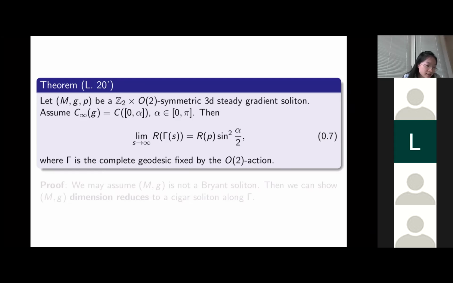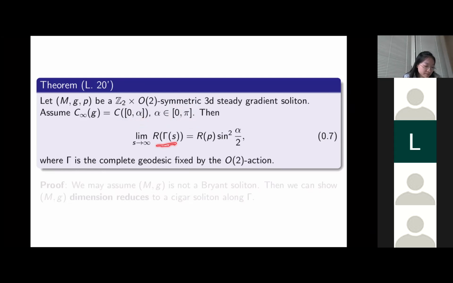So let's say you have an asymptotic cone angle equal to alpha; alpha can be any number between 0 and pi. When it is equal to pi, it is R times the sphere, and when it is 0, we don't know. It could be the Bryant soliton or something else. So this alpha is the asymptotic cone angle.